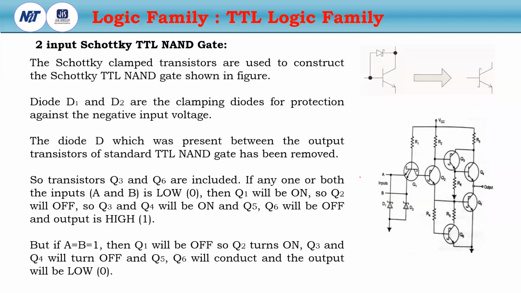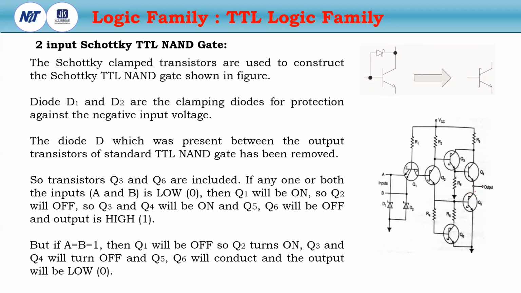Now come to the operation of the Schottky TTL NAND gate. Schottky-clamped transistors are used to construct the Schottky TTL NAND gate. Here, this is a Schottky TTL, this is a Schottky TTL, and this is a Schottky TTL. But at the output stage, the transistors Q4 and Q5 are attached in series, and there is no diode.